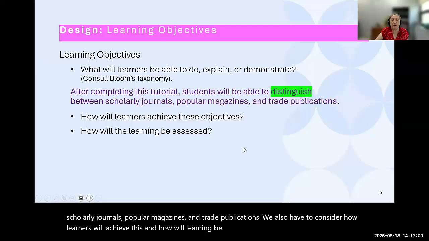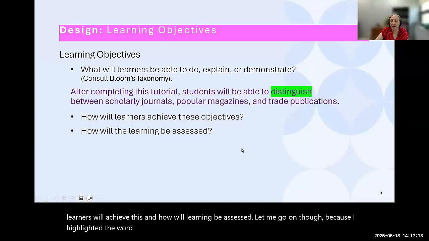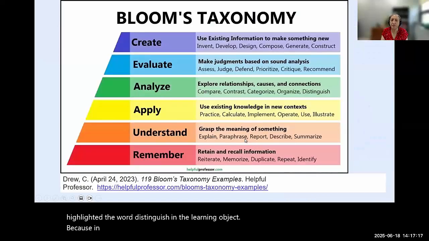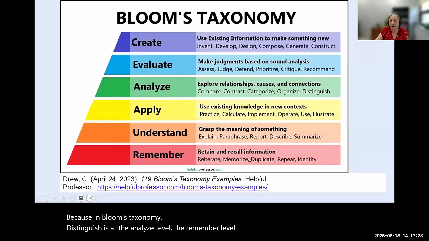Let me go on though, because I highlighted the word distinguish in the learning objective, because in Bloom's taxonomy, distinguish is at the analyze level. The remember level is memorize, identify, recalling information.